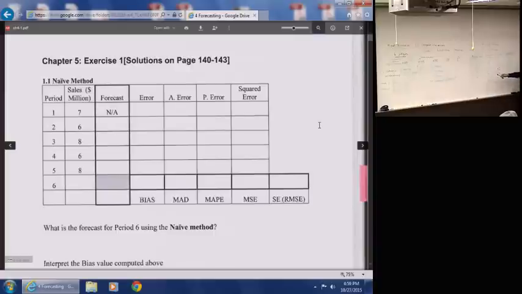To compute the MSE, first all the errors have to be squared: -1 squared is 1, positive 2 squared is 4, -2 squared is 4, positive 2 squared is 4. Lastly, it's mean squared error, so you take an average of 1, 4, 4, and 4. That is 13 divided by 4, that's 3.25.